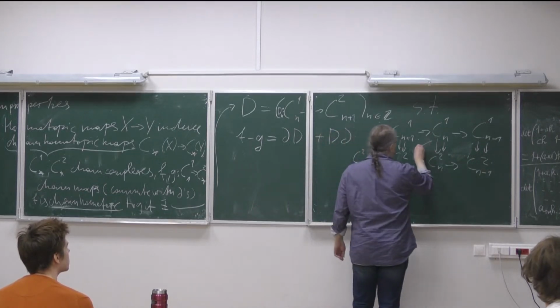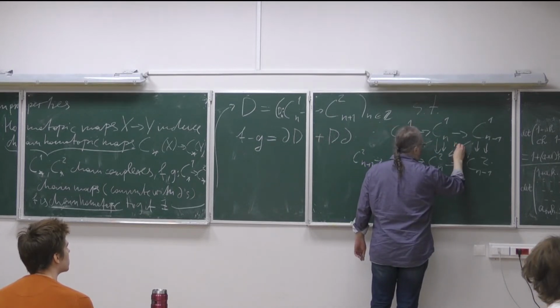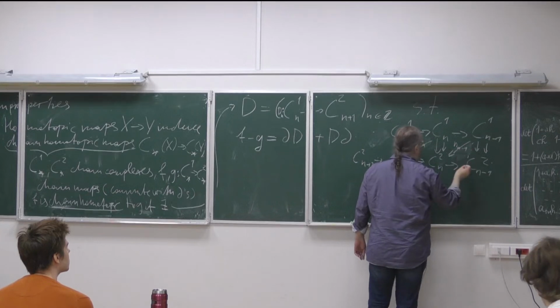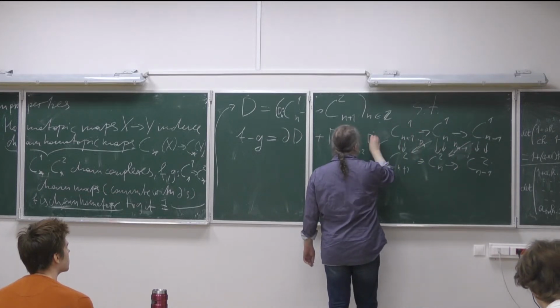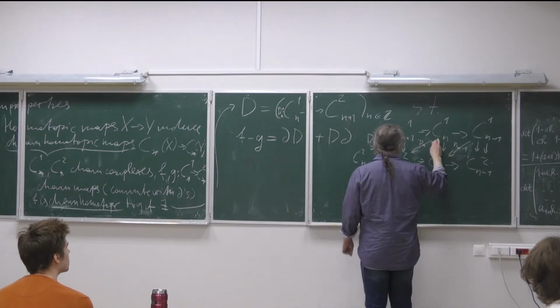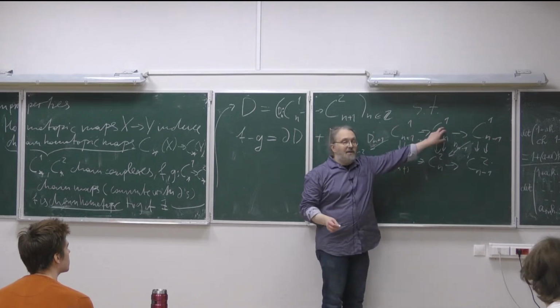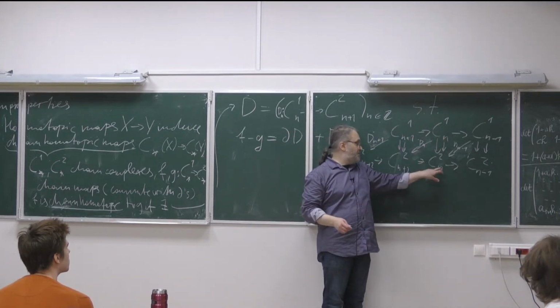Then we do have dn, dn minus 1, and dn plus 1. So f minus g, in degree n, goes from this group to this group.